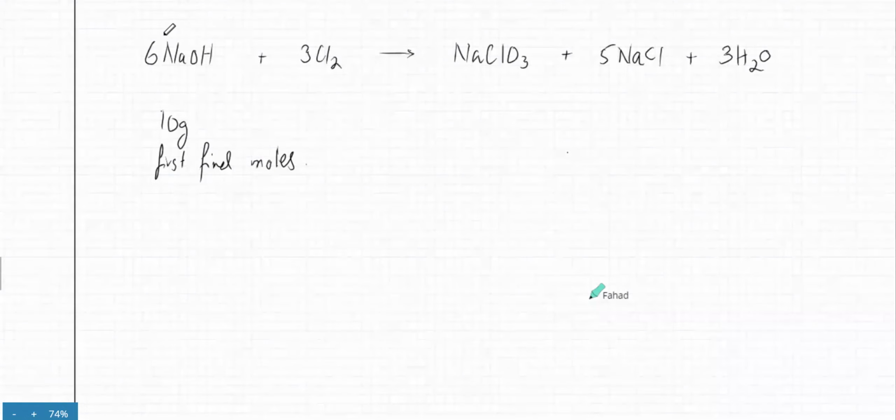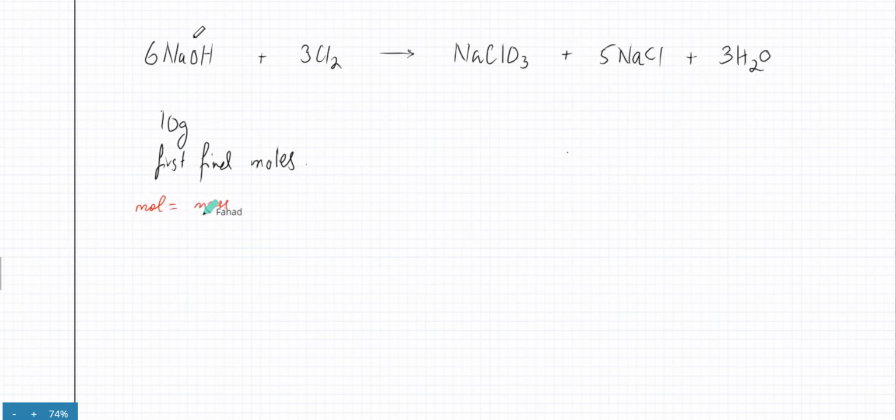How can you do that? By using the formula moles is equal to mass divided by Mr. The mass is given, it's 10 grams. NaOH की जो Mr है, that is Na is 23 plus oxygen is 16 plus hydrogen is 1. So it's 40, so it is 10 divided by 40.